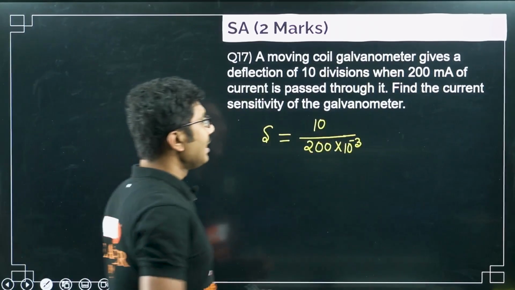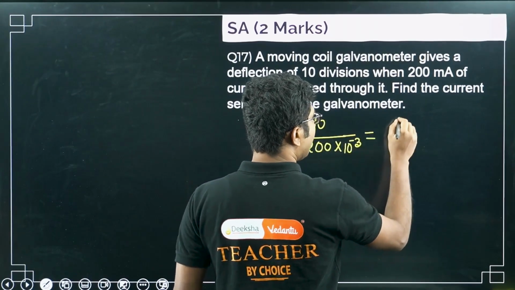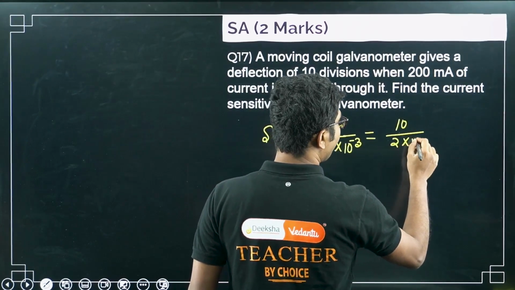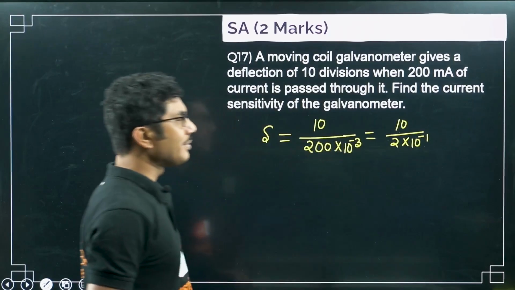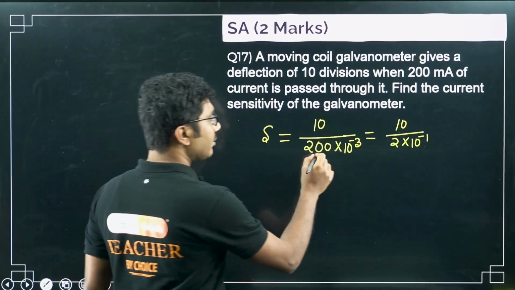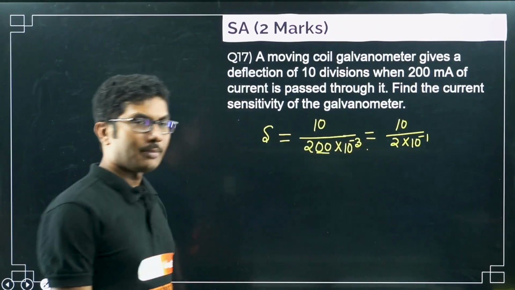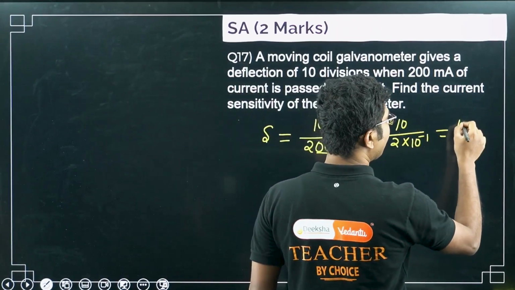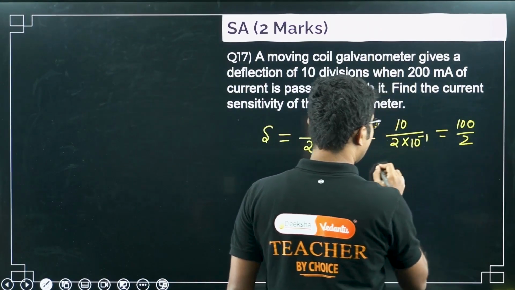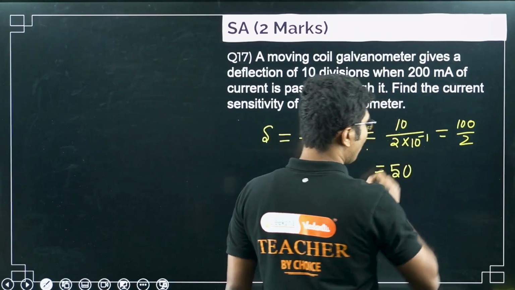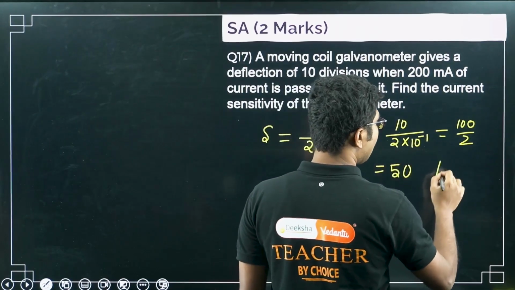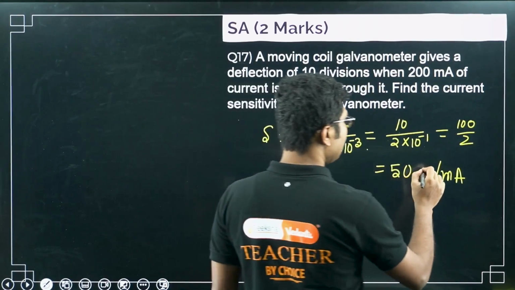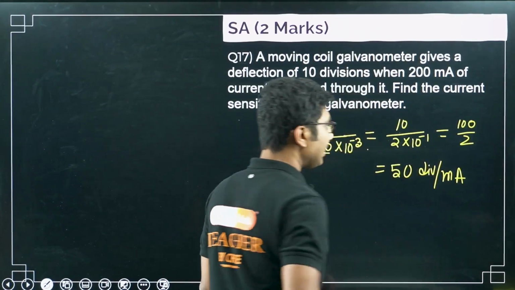So here it will be 10 divided by 2 times 10 to the power of minus 1. Why 2 times 10 to the power minus 1? The 2 zeros will cancel with the minus 3, so only one will be left and it will go up. It will become 100 divided by 2, that is 50.